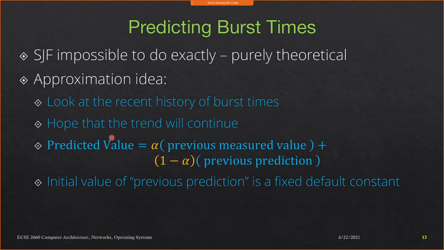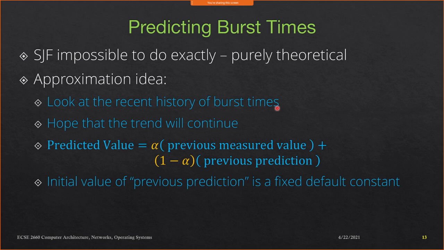So how do you predict burst times? We needed to know the burst times ahead of time for shortest job first. So maybe we can do some approximation. Shortest job first is impossible to do exactly because it's purely theoretical. We've talked about that. But an idea to approximate is to look at the set of burst times for each process.